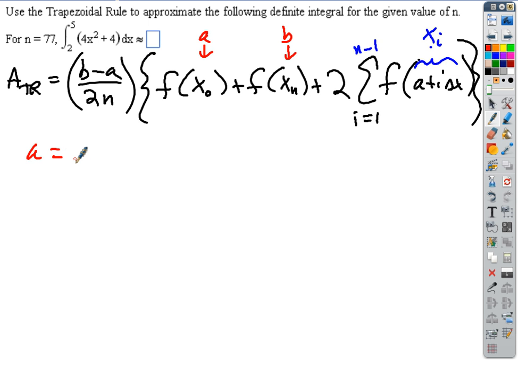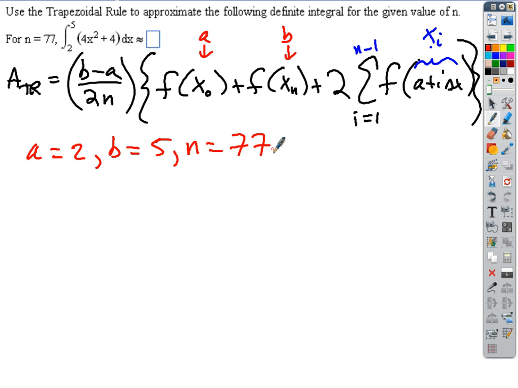So what's our A? There's the integral that we're approximating. 2. That's just the lower boundary of the integration, right? So A is 2. B is 5. And n is 77, right?